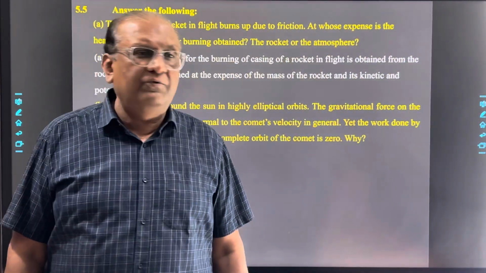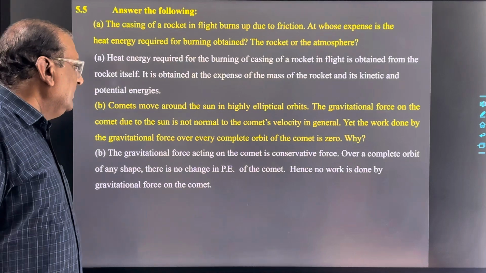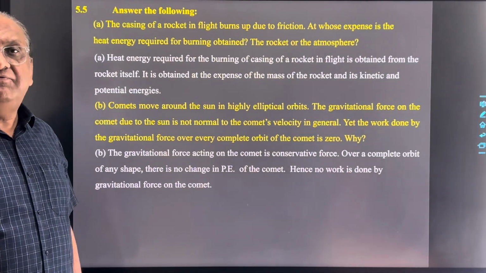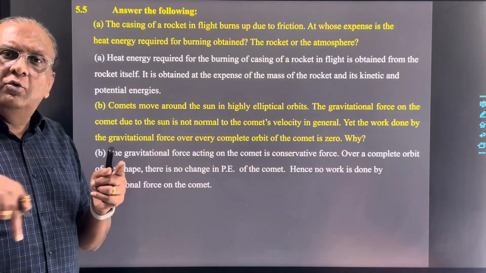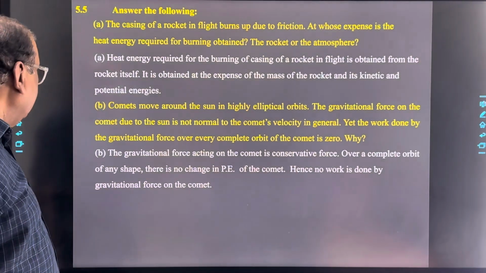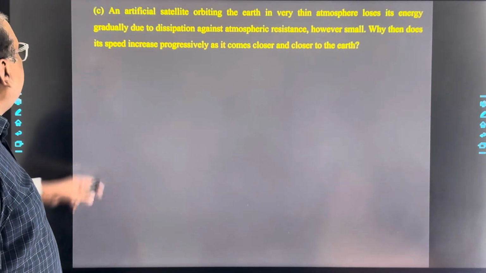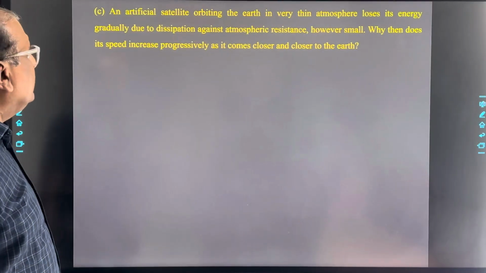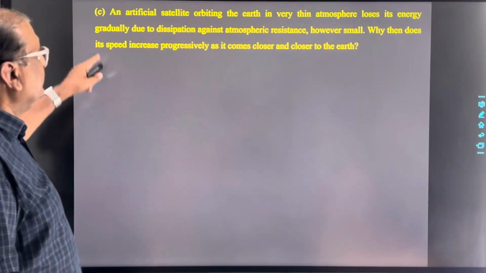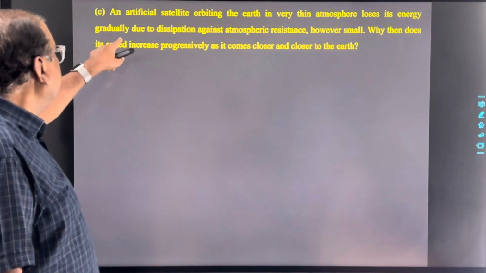The gravitational force is a conservative force, and for a conservative force the work done on a closed path is always zero. Clear?